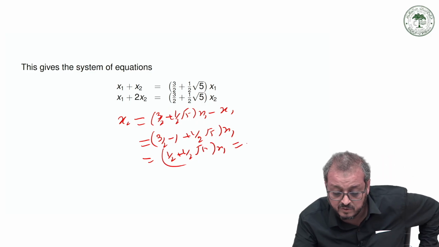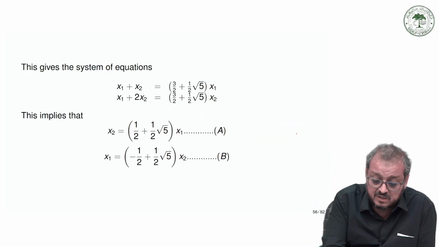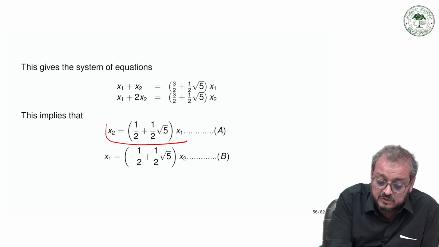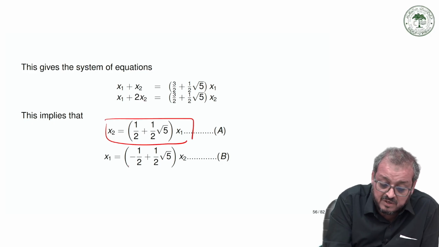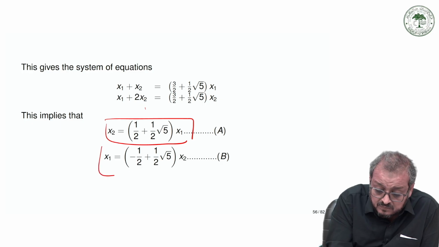This can be written as 1 by 2 times (1 plus root 5) x1. So x2 can be written in this form.